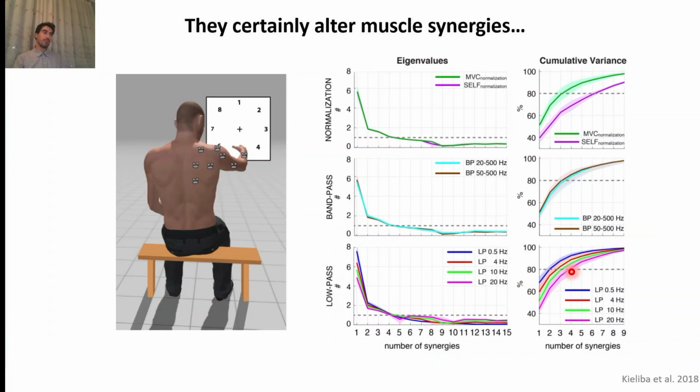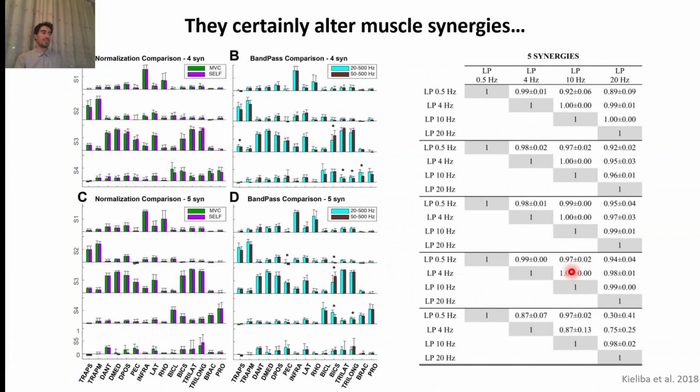And unfortunately, what I discovered is that the number of muscle synergies that most criteria will give you will change depending on the pre-processing that you have made. So nothing is ever simple, I would say, right? And of course, while the normalization doesn't change much the synergies that you extract, or the bandpass for that matter, then the low-pass filter, which basically is taking the envelope of the signal, changes things a lot.